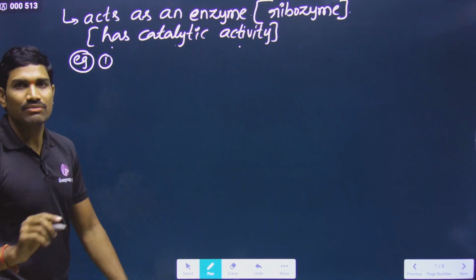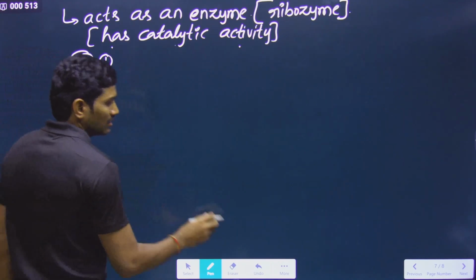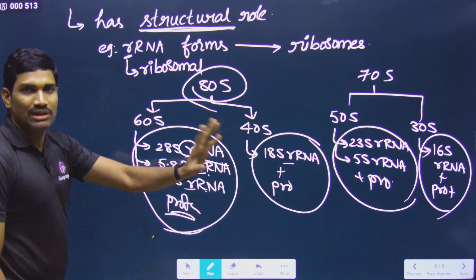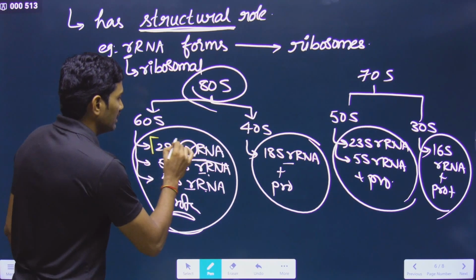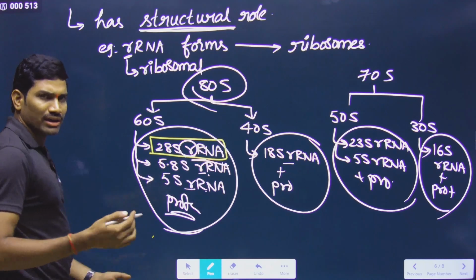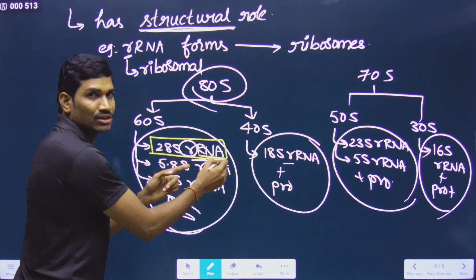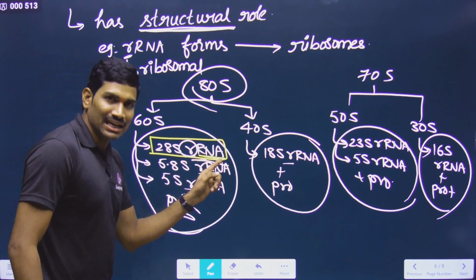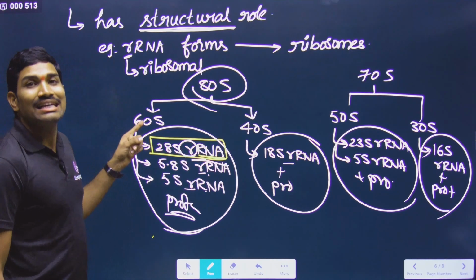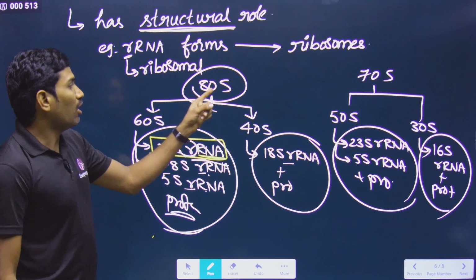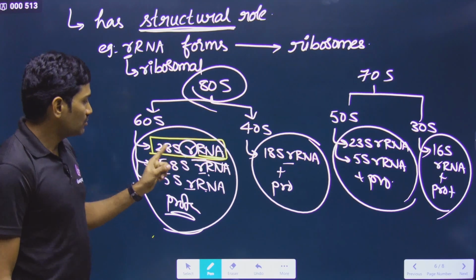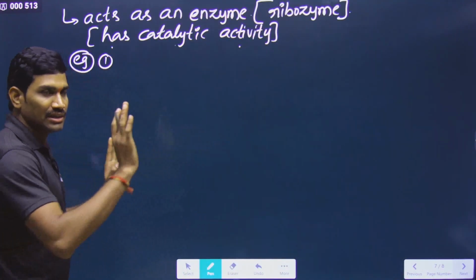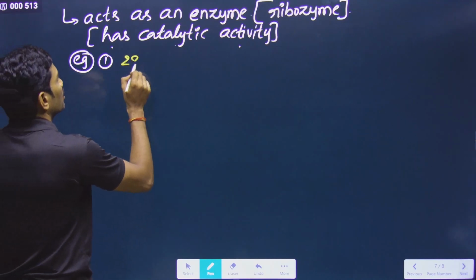Example number 1. What is the first example? Observe carefully. Just now we have written this, right? With this reference, I will try to make it easy. 28S rRNA. Whatever RNA it is, this has enzyme activity. Please understand this: 28S rRNA present in the 60S subunit of the 80S ribosome. So this 28S rRNA has enzyme activity. Same point I am writing here. Please observe this carefully.